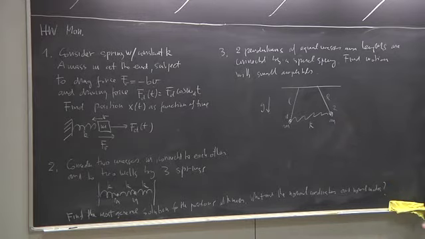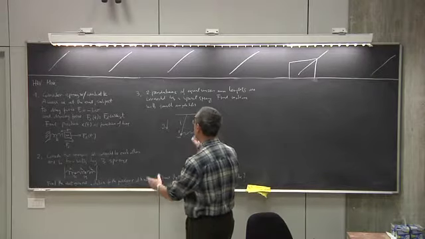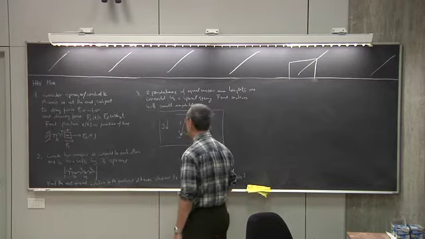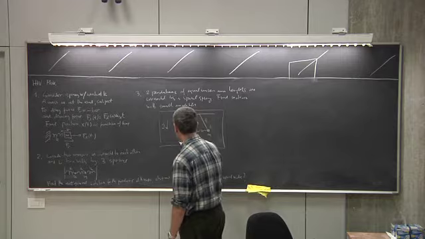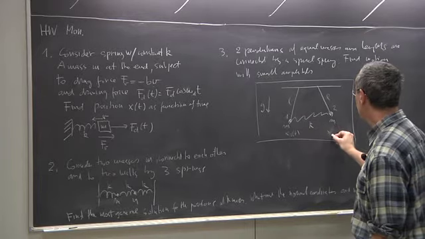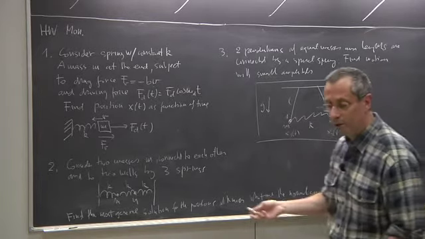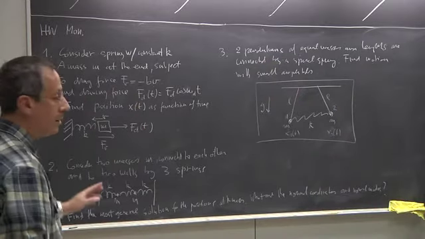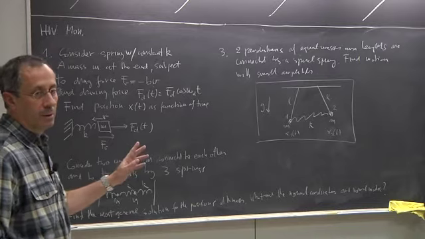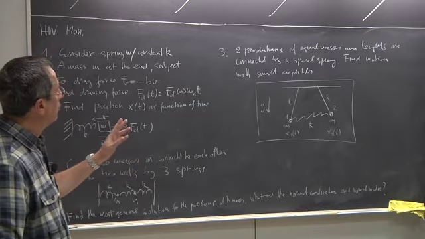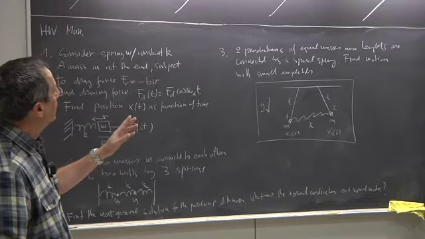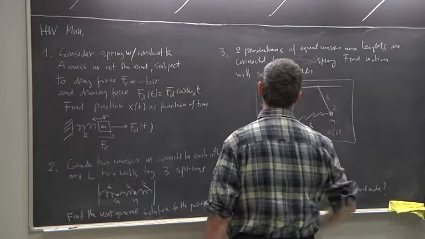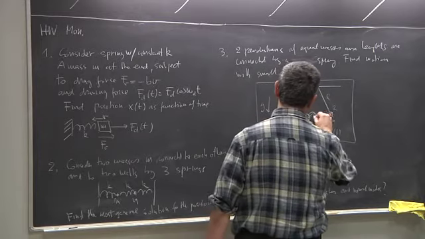Really, all you need are the pictures. Here I want x1 of t, x2 of t, or theta 1 of t, depending on what you take as your generalized coordinate. Connected by a spiral spring, that's this thing here.